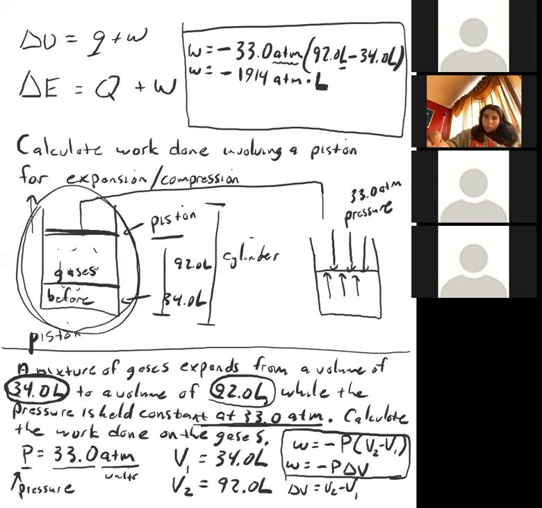So it has sort of odd units. Typically, they don't want the units to be done in atmosphere liters. They typically want them to be done in either joules or kilojoules. So I'm going to show you what the formula for that is.